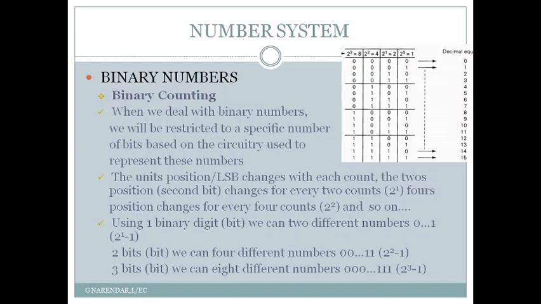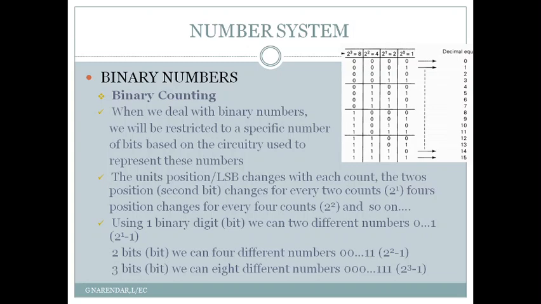But how can counting of information or a particular quantity be done when we want to use only binary numbers? Normally when we deal with binary numbers, we will be restricted to specific bits based on the circuitry used to represent these numbers.